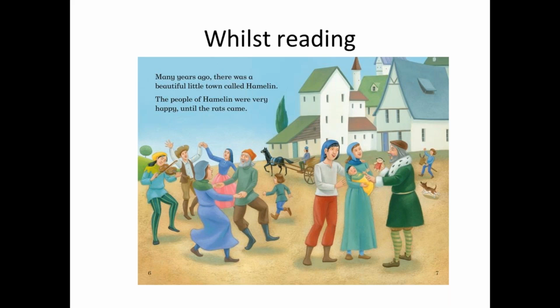So, for example, if you're on this page, again, you can talk about the colours that are within the spread, looking at, say, what colour are the roofs of the houses, what colour are the clothes that the people are wearing. Again, there are things like numbers that you can use, how many people are dancing, how many children are there in the picture.